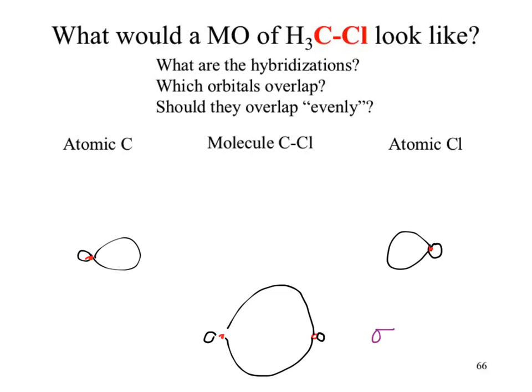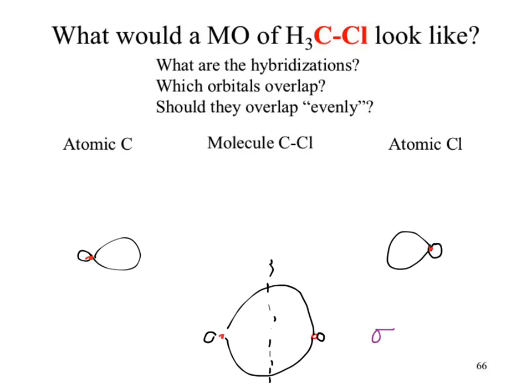What's the issue with what I've got drawn here? It's roughly symmetric. Would I expect the electron density to be evenly shared between the carbons and the chlorines?